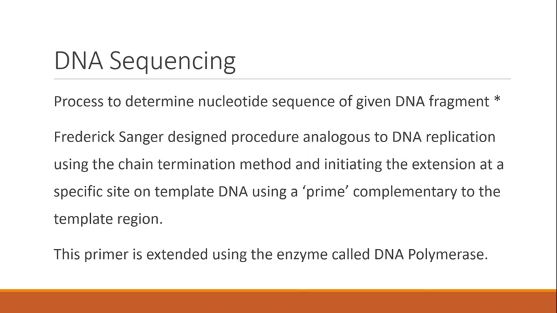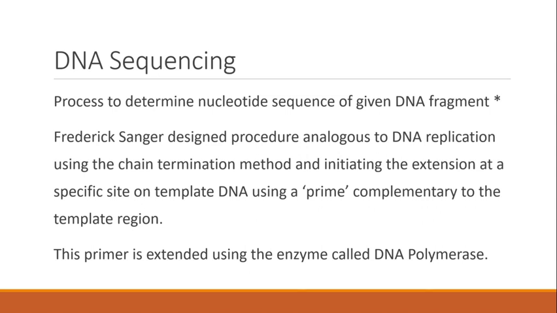Now, as the name itself says, similar to the PCR method, you do the denaturation, you introduce a primer which is complementary to the sequence that you're trying to understand, right? You introduce a primer, and then you see the extension of that primer.